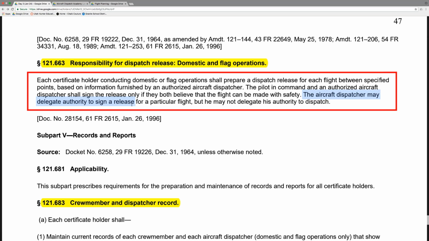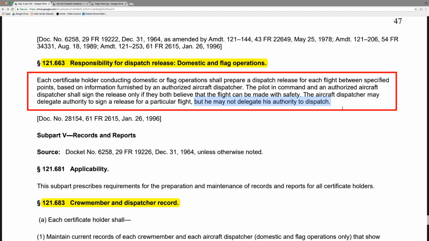We can't go out and physically sign all these releases, so we can do an e-signature, or basically delegate the authority to say, yeah, this is my flight plan and everything that I've sent to you guys. But right here it says we don't have the authority to delegate our dispatching.